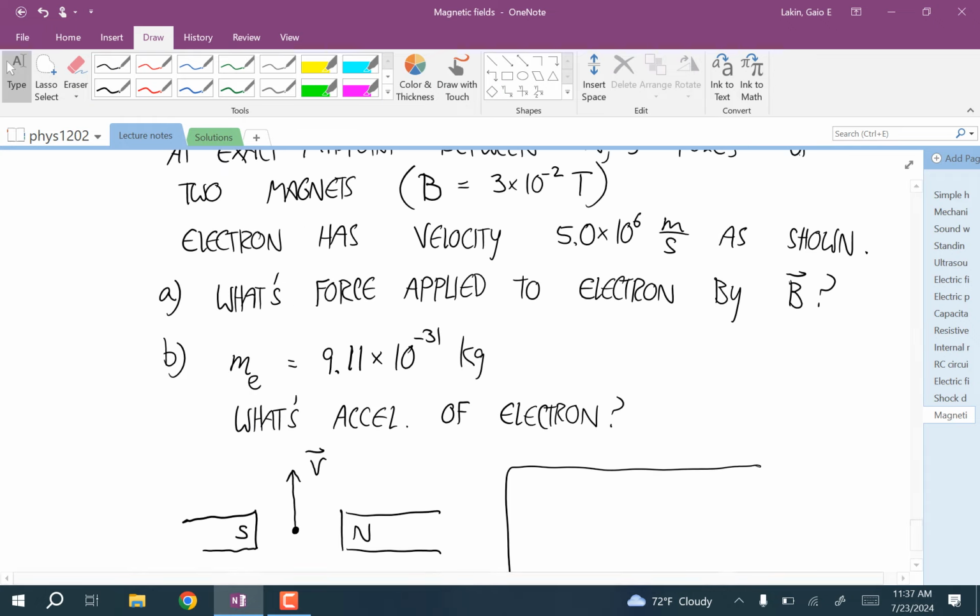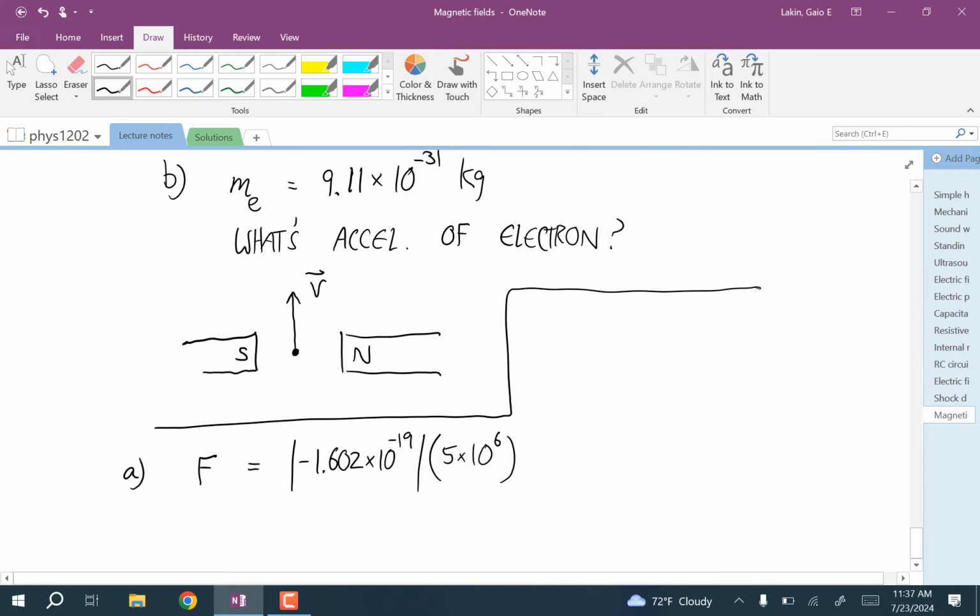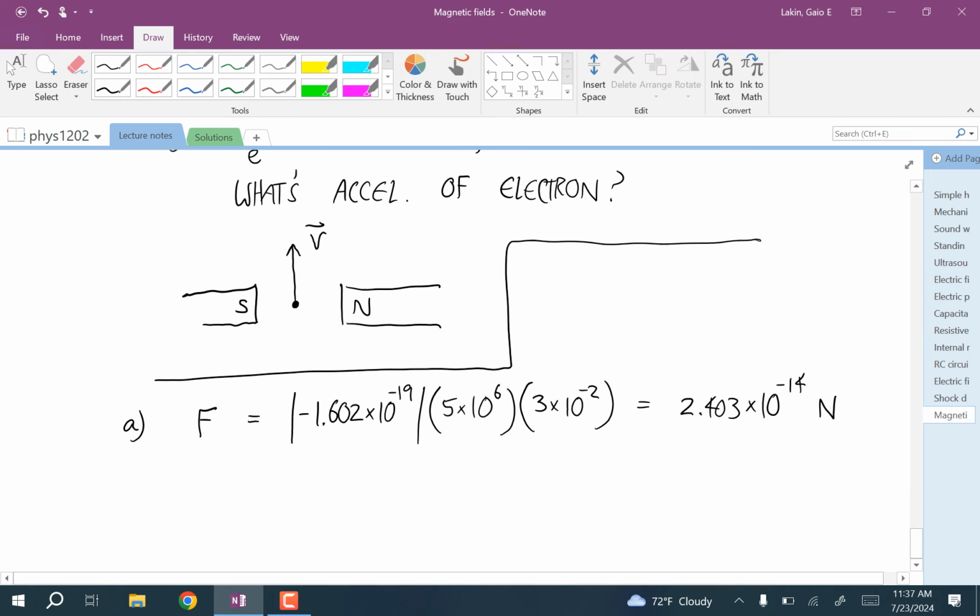Okay, so then we have to use the magnitude of that magnetic field, 3 times 10 to the minus second. And what we get for the magnitude of the force is 2.403 times 10 to the minus 14 newtons. And now the harder part, we have to figure out the direction of that force.